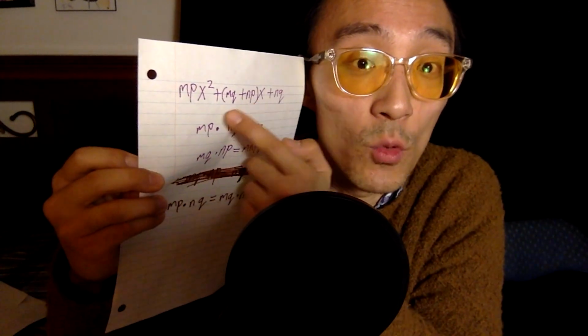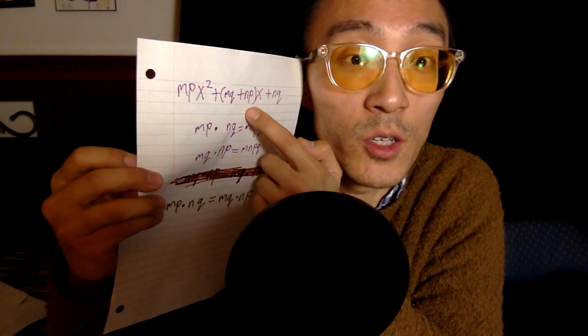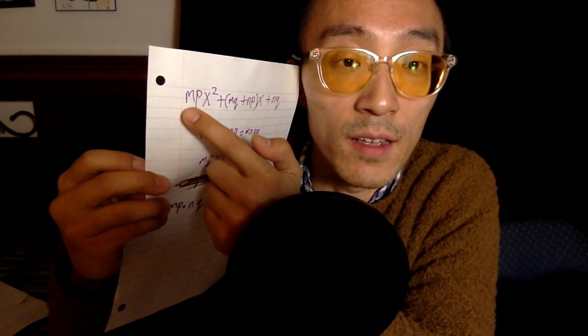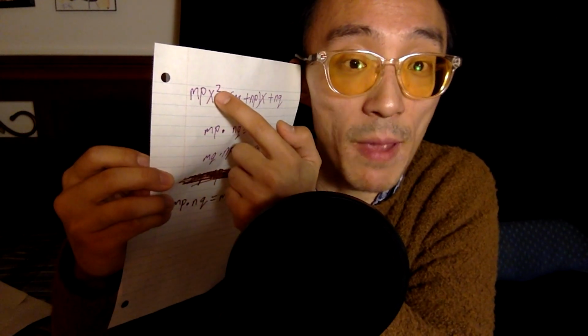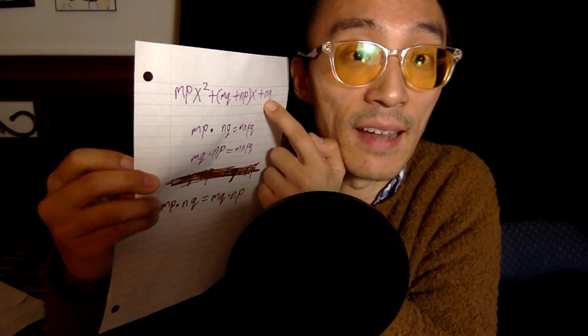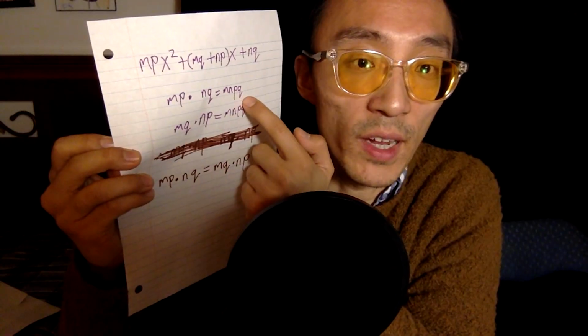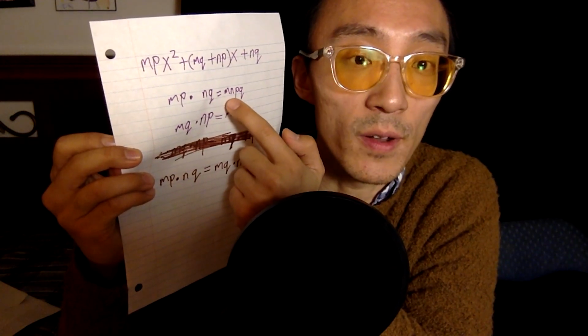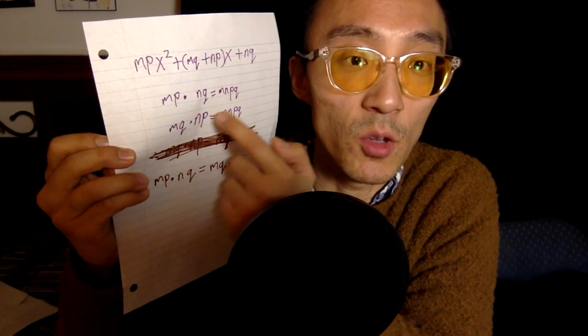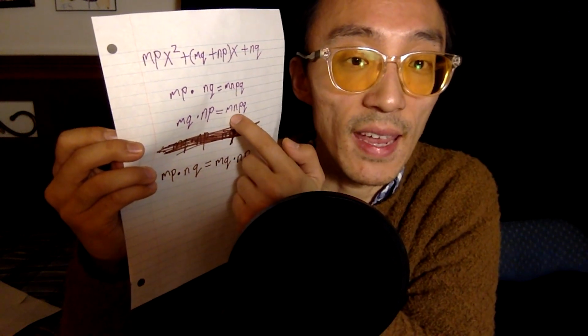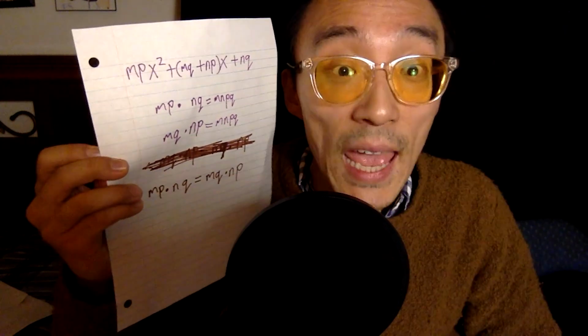Watch what happens when we multiply these two values, so mq times np, and the coefficient of the highest power, so the second power, and the constant. If we multiply this together and we rearrange it in alphabetical order, it equals mnpq. If we multiply this together and we rearrange it in alphabetical order, it's also mnpq.